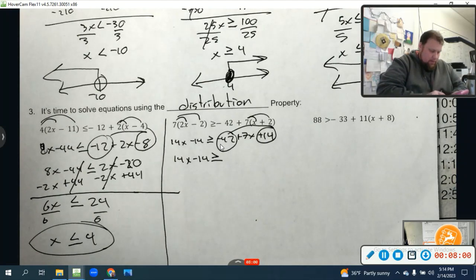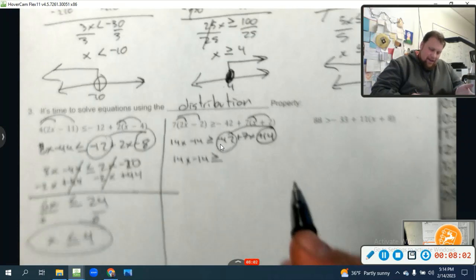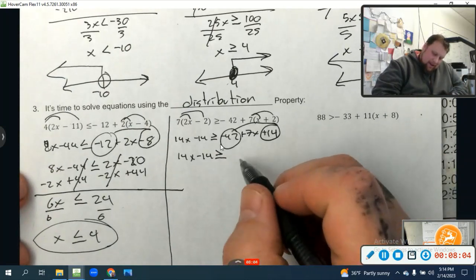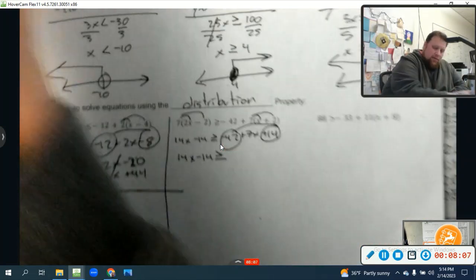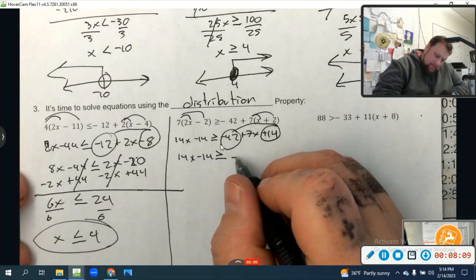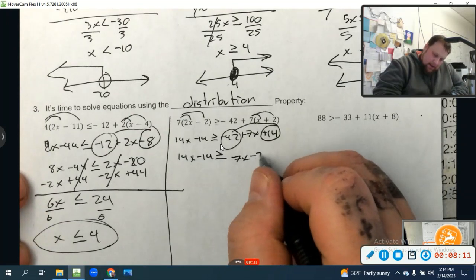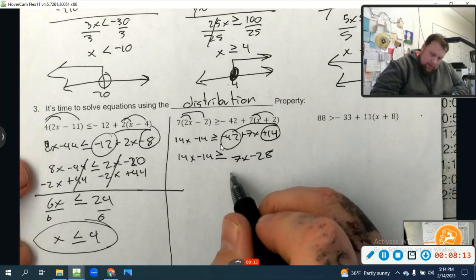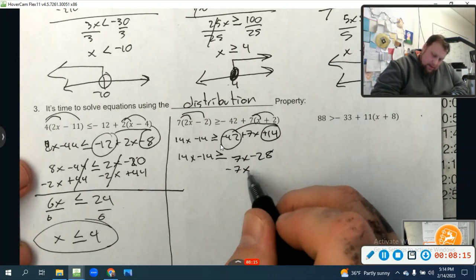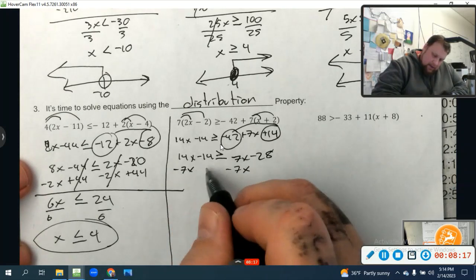Okay. It's going to be negative 28. So 7x minus 28. Here's what I'm going to do. Two things at the same time. Minus 7x, minus 7x, plus 14, plus 14.